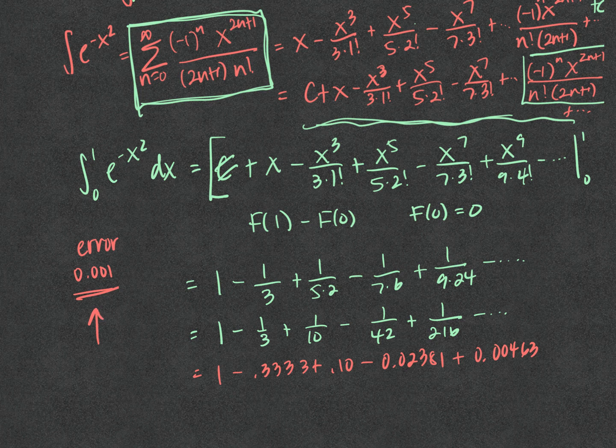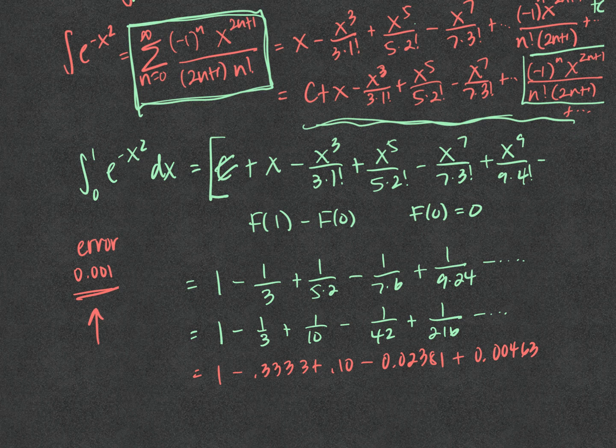Now this number is still bigger. This is how the error is determined. This number is still bigger than 0.001. So we need to find another place. If we were to continue our integral back up here, let's go ahead and erase and add to it because our number is still bigger than the error allowed. I'm going to explain to you what that means in just a minute.